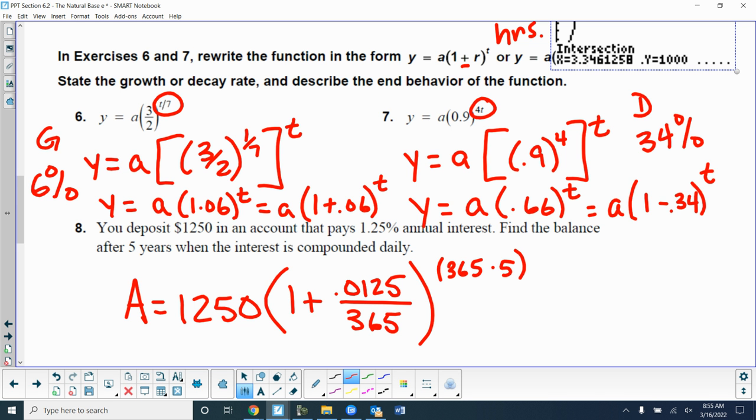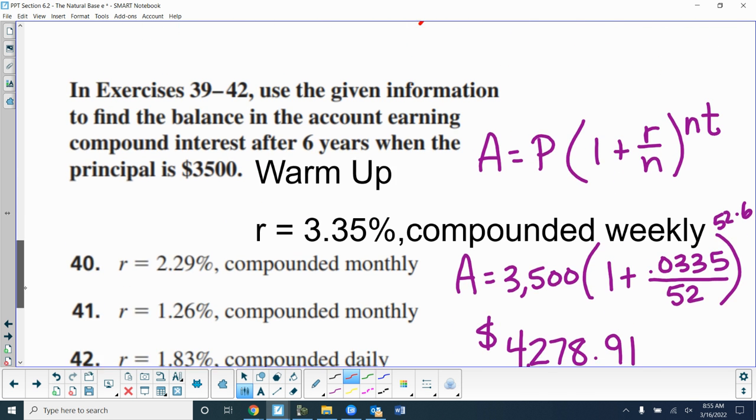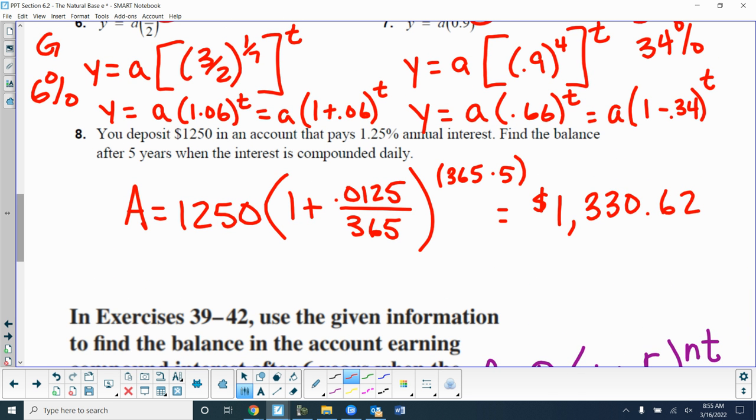When you do that, what do I get? $1,330.62. Okay? Questions? You didn't have to do 9, but we'll just go over it. Oh, it's not on there, so never mind.